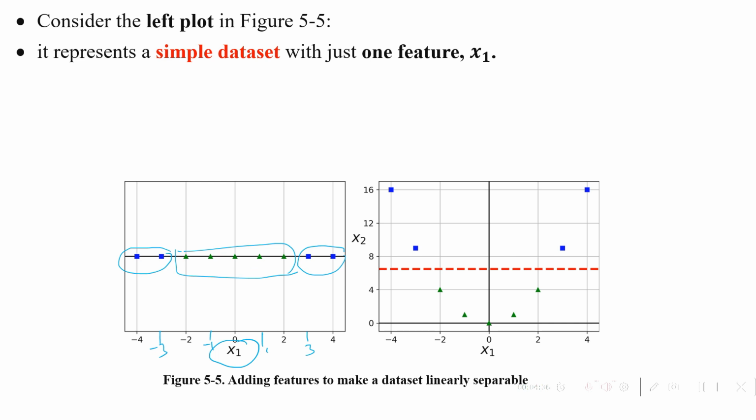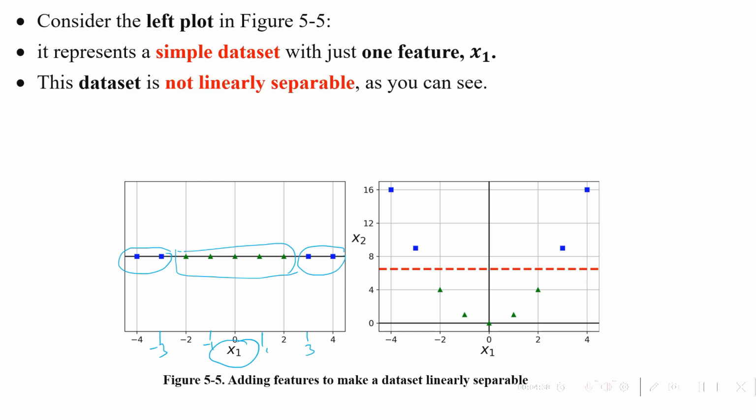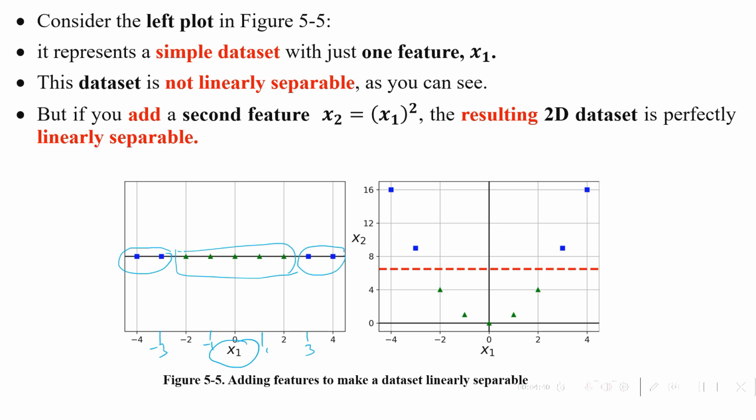At that time, we create one more feature using x2 equal to x1 square. The resultant 2D data set is linearly separable. For example, x1 contains the actual data points -4, -3, -2, -1, 0, 1, 2, 3, 4.